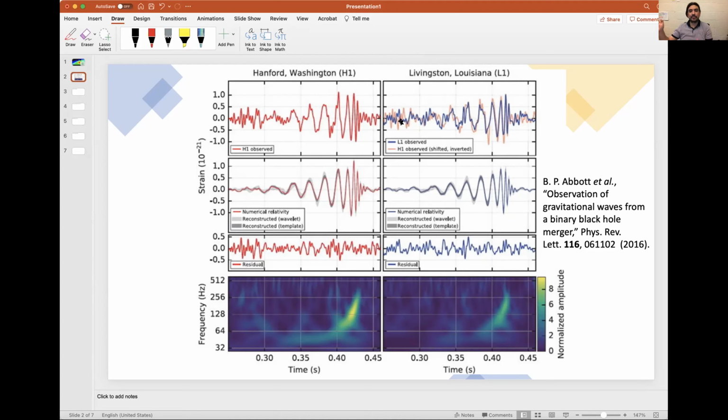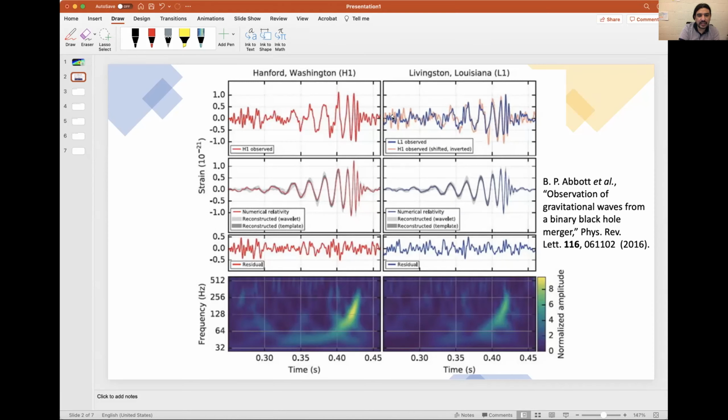So the gravitational wave is passing through the Earth, right? So Washington is over here, Louisiana is over here. It reaches one first, and then because of the speed of light not being infinite, it reaches the other one. So then they shifted the signal a little bit, and they were able to see how well they match.